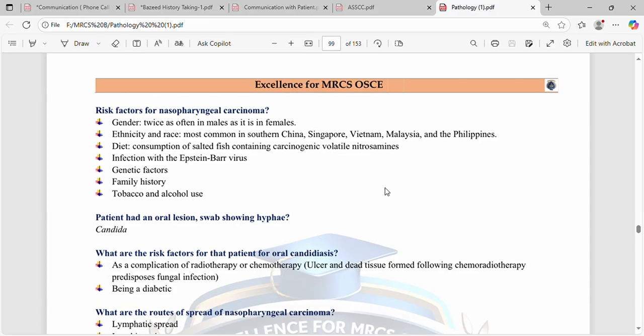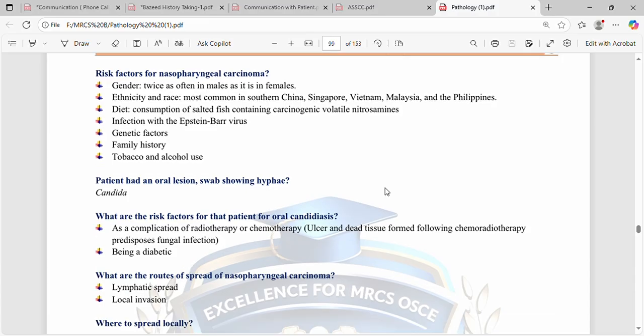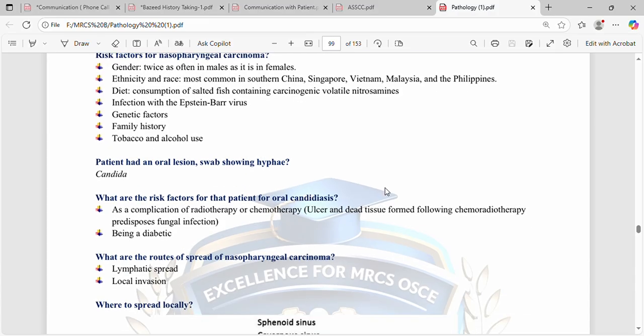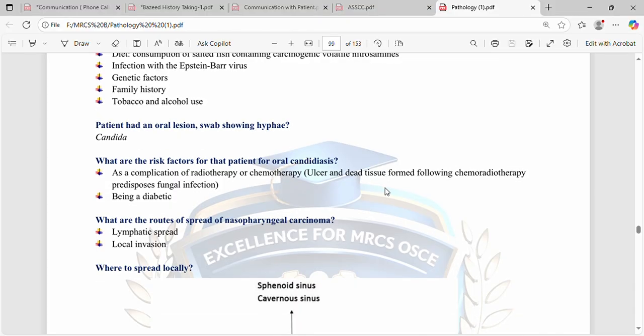Patient had an oral lesion swab showing hyphae. This is Candida fungal. What are the risk factors for the patient for oral candidiasis? Any debilitating disease or any chronic disease like cancer, TB, AIDS, HIV infection, all these will give rise to an immunocompromised state.